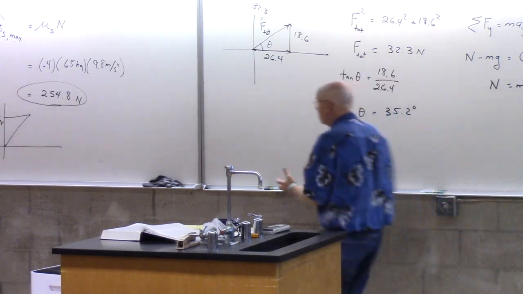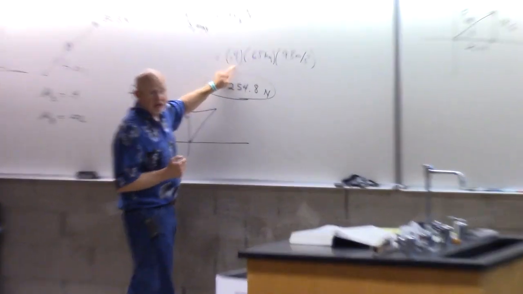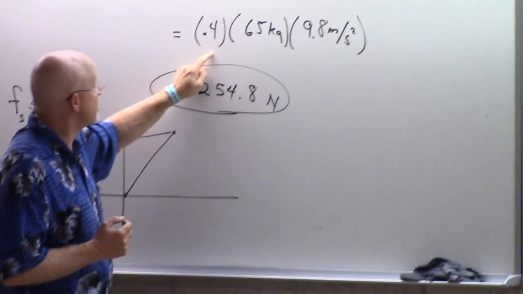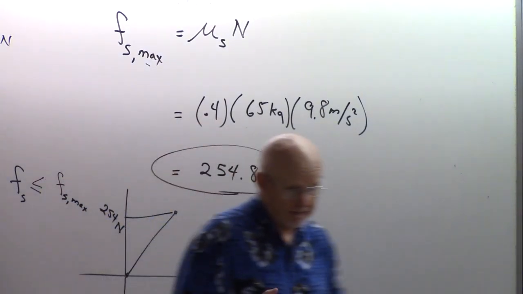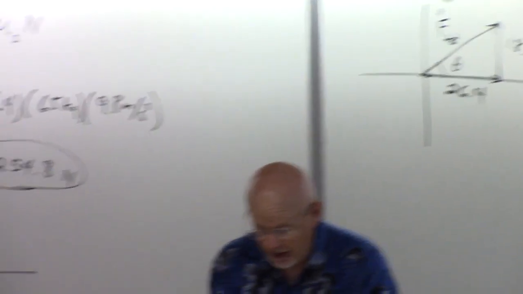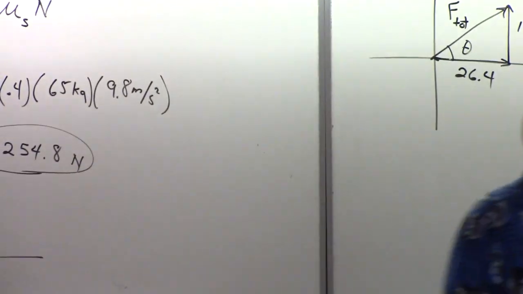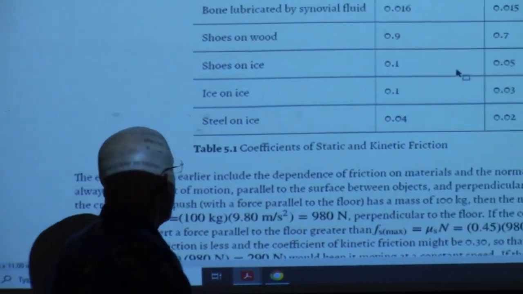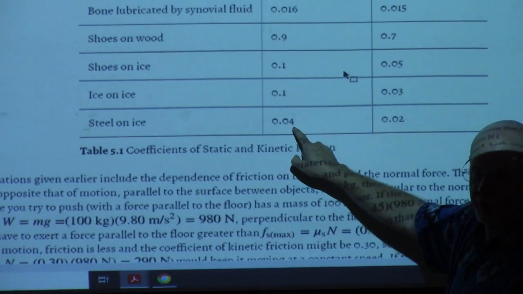Remember, I looked up and said the coefficient of static friction between steel and ice was 0.4, and the number was big and bothering me, and it's still bothering me. I'm going to look again. Yeah, it still says 0.4. However, that made me come over here to the PDF, and the PDF says it's 0.04.